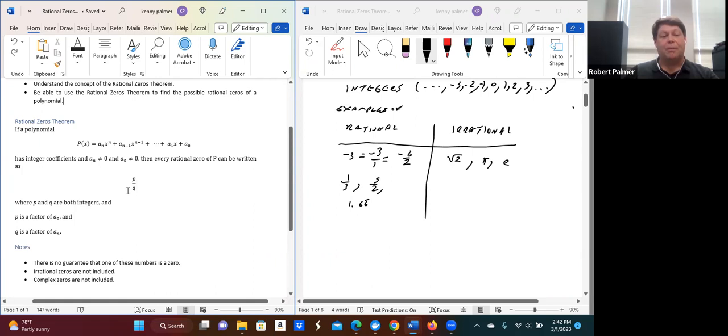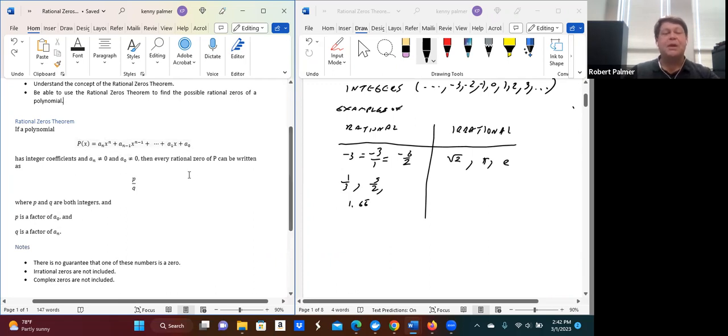Once again, that's what it means to be a rational number. And P is a factor of this constant a_0, and Q is a factor of the leading coefficient. And once again, assume both of those are non-zero. So P is any factor, positive or negative, of the constant, and Q is any factor, positive or negative, of the leading coefficient.